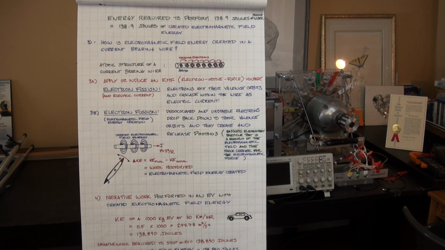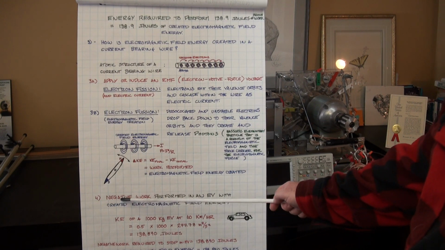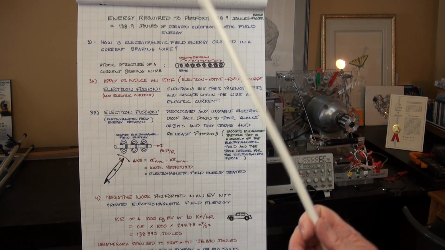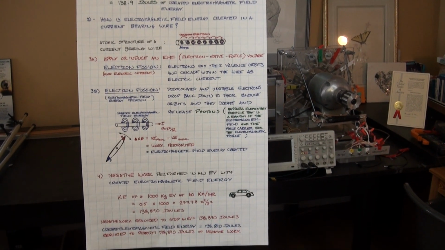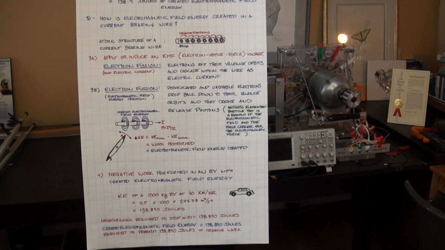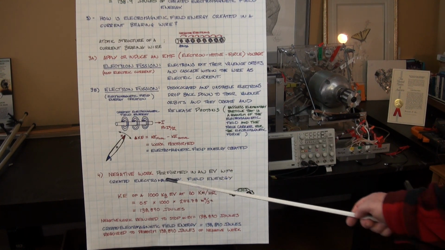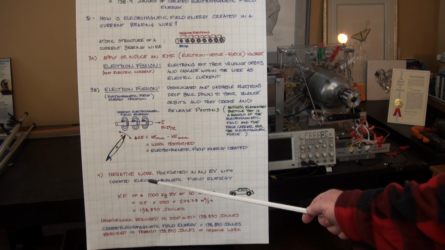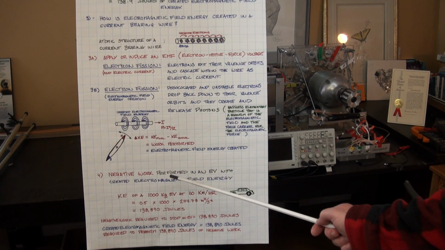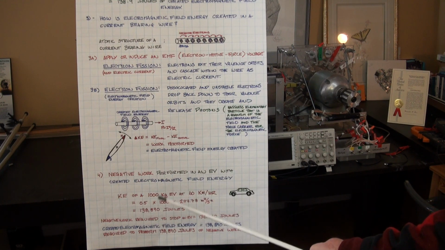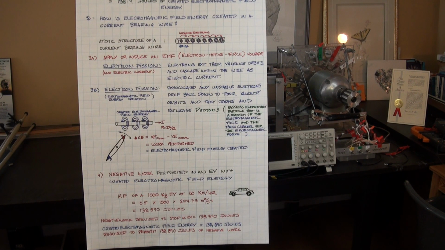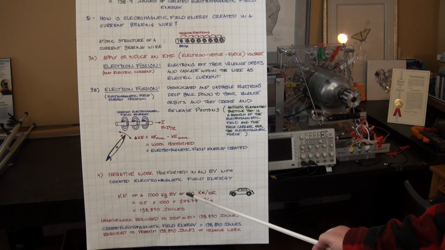So now if we look at the negative work that's being performed in an electric vehicle, for example, all electric vehicles employ created electromagnetic field energy in order to reduce the kinetic energy of the vehicle.